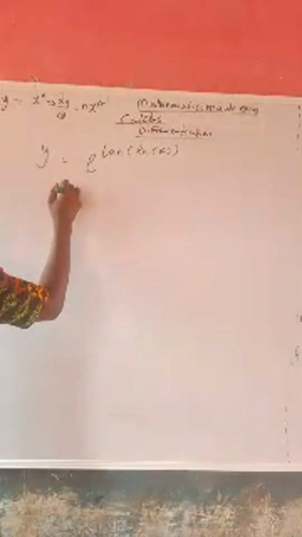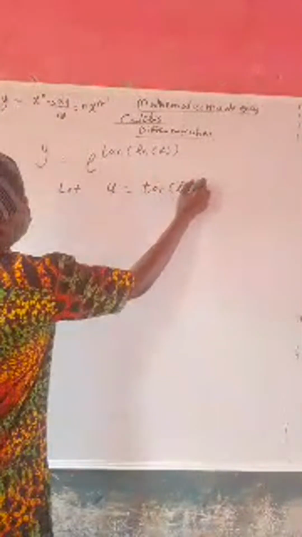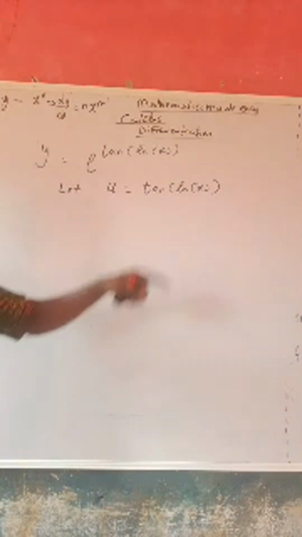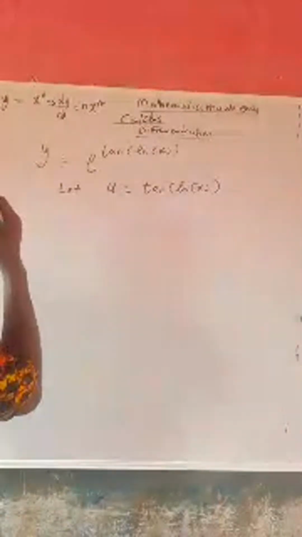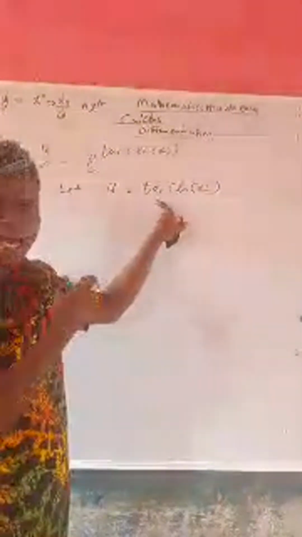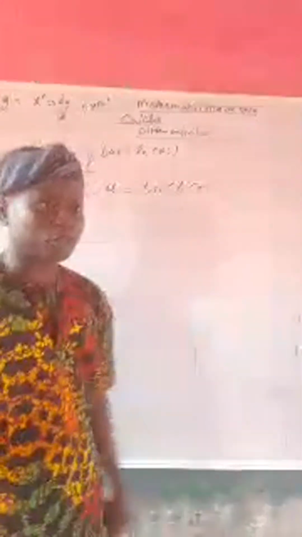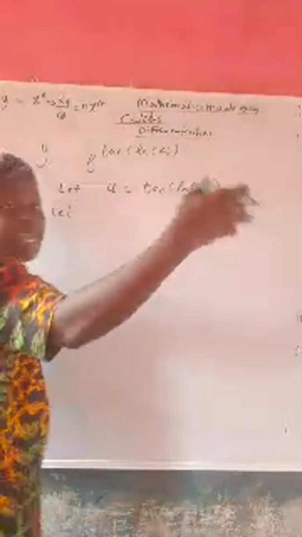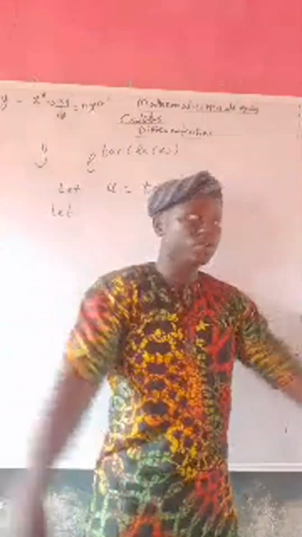So we can say, let u be equal to tan natural log of x. How do we differentiate this? We're going to make use of another substitution. You can use k, you can use any variable you like, but I'm going to make use of lambda.